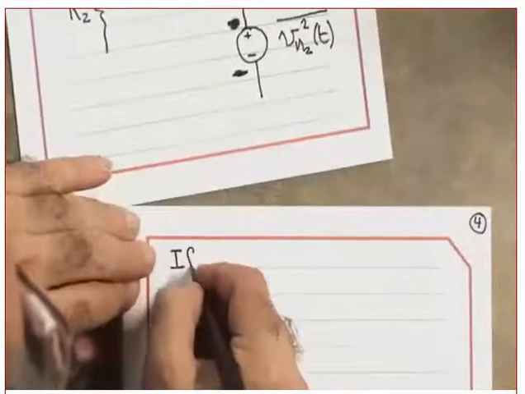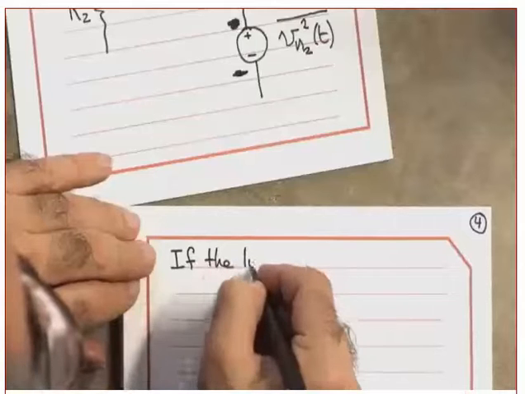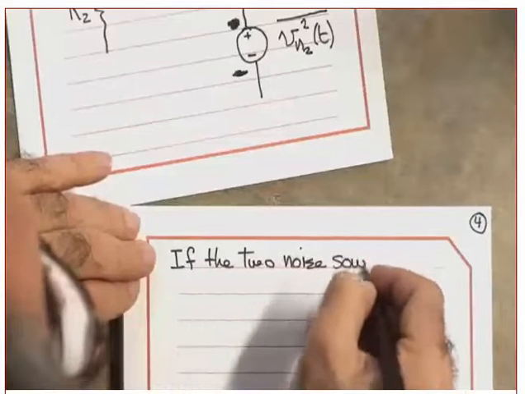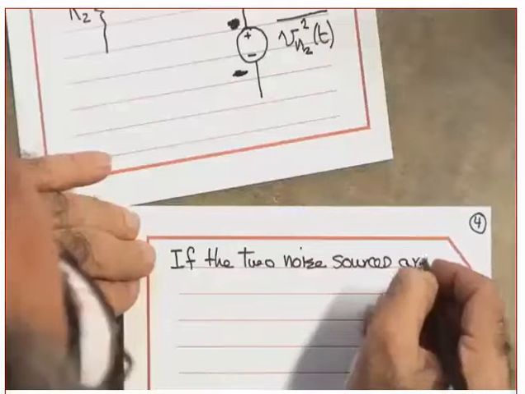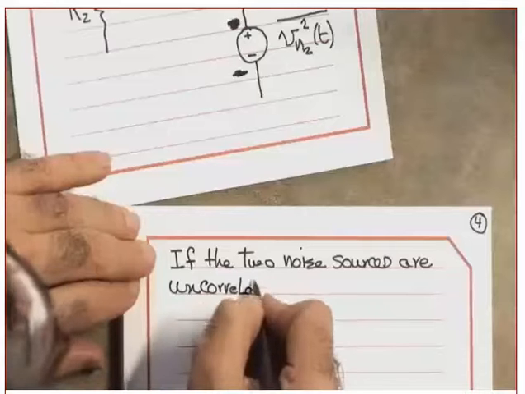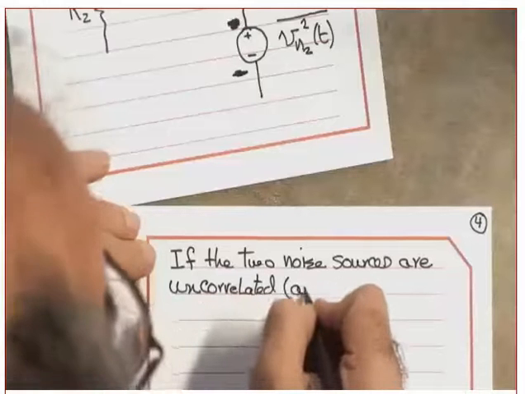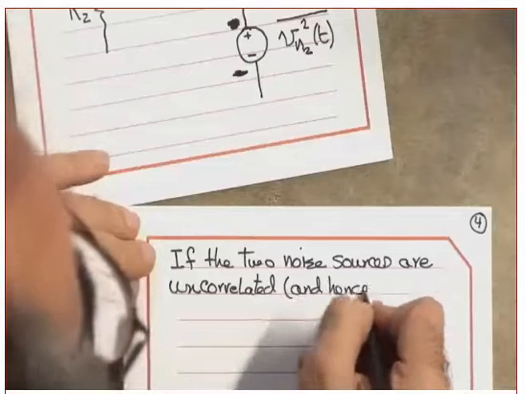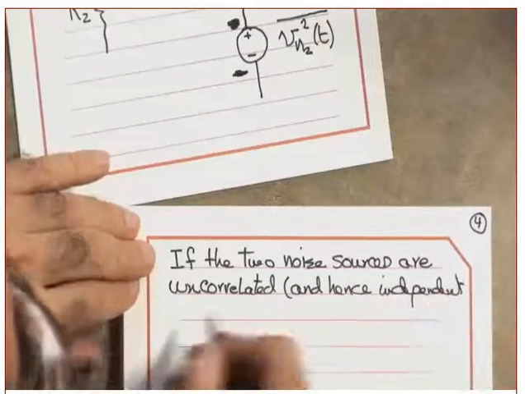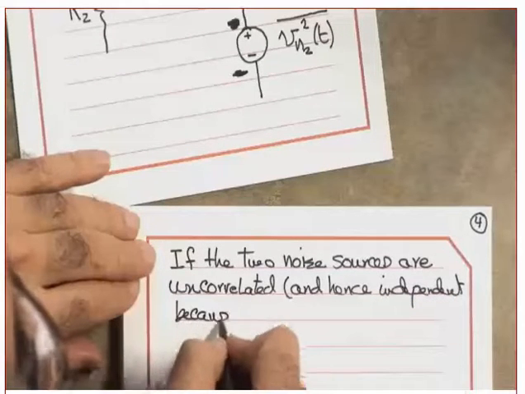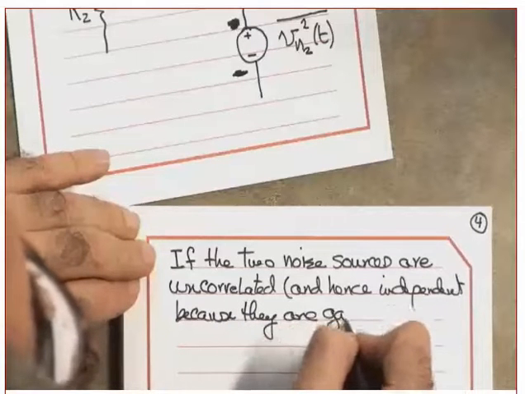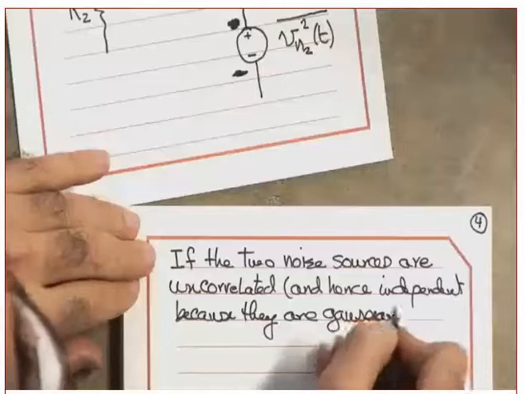If the two noise sources are uncorrelated and hence independent because they are Gaussian.